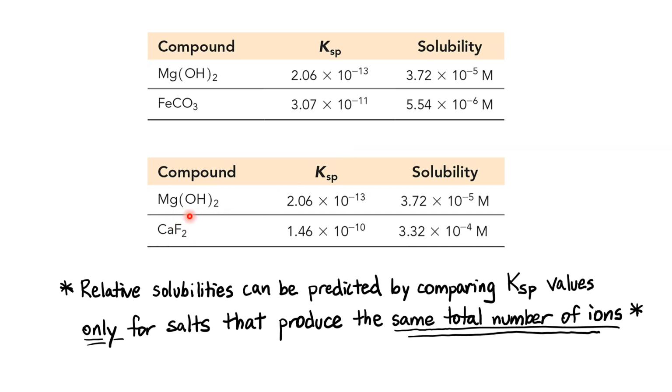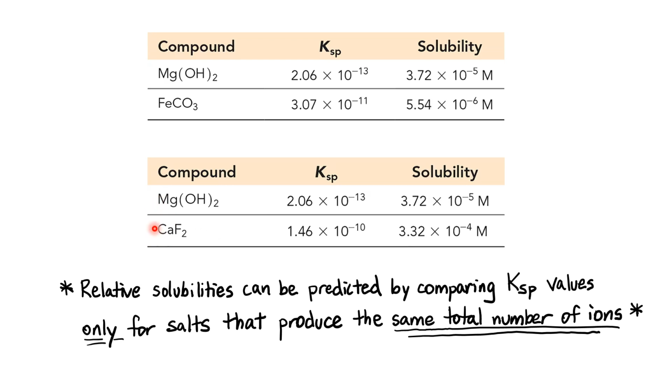In this case, you actually can use the KSPs to determine which one's more soluble. And the reason for that is because we just said MgOH2 produces 3 ions in solution. Calcium fluoride, CaF2, also produces 3 ions in solution. So you've got calcium 2 plus and 2 F minuses. That's also going to produce 3 ions.